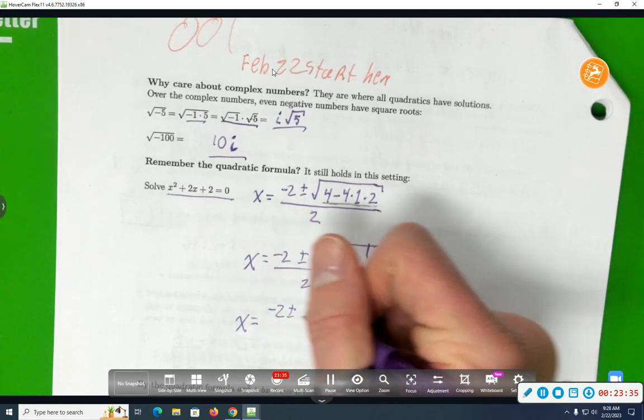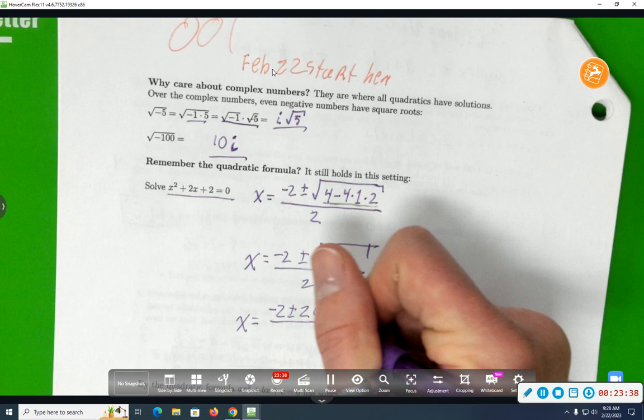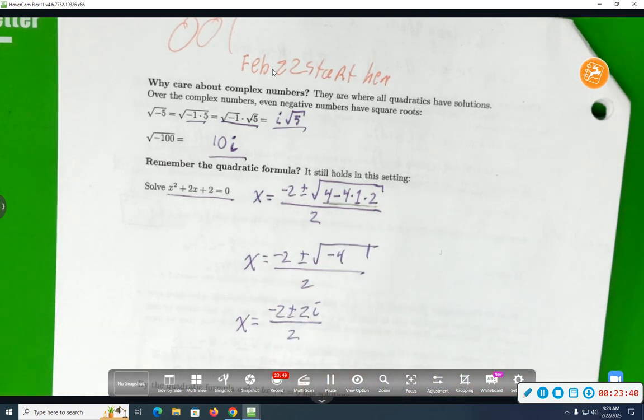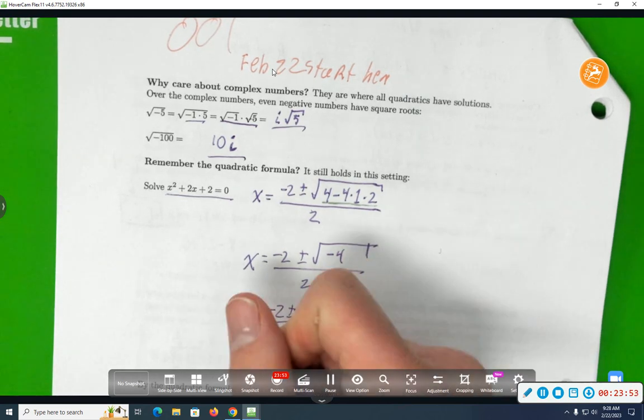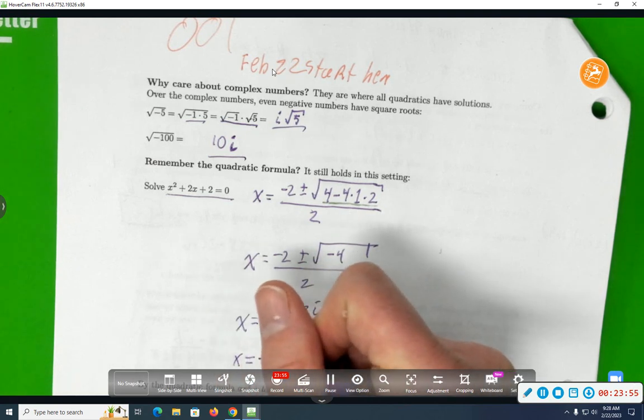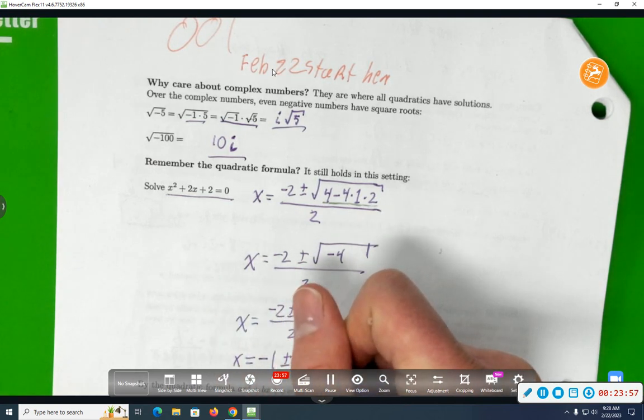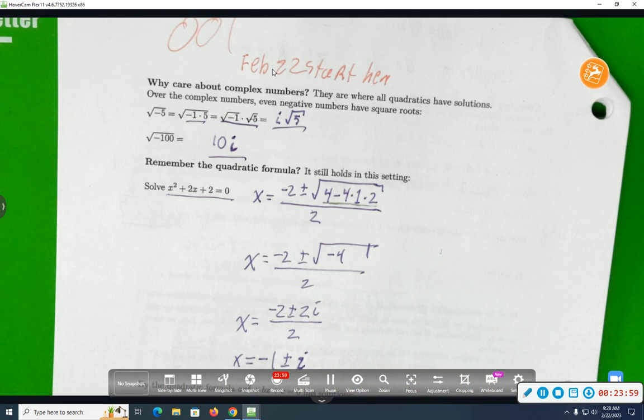Negative 2 plus or minus 2i over 2. Any further simplification that can happen? Yeah, what's the other simplification? Everything in the numerator is even, so you can cancel the 2. Does that feel pretty okay?